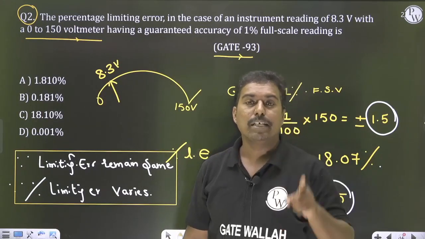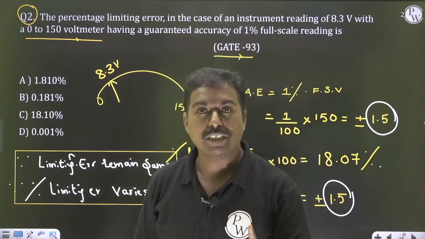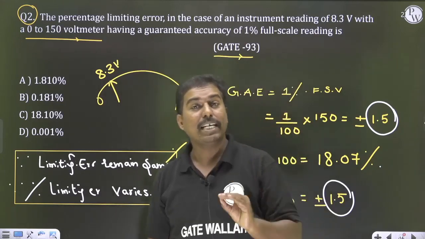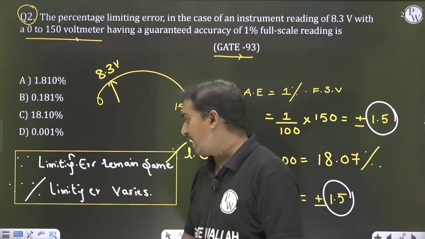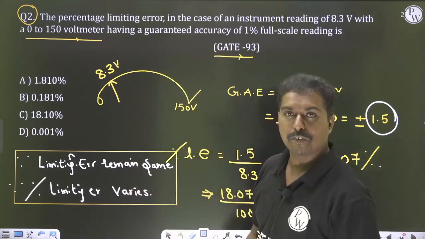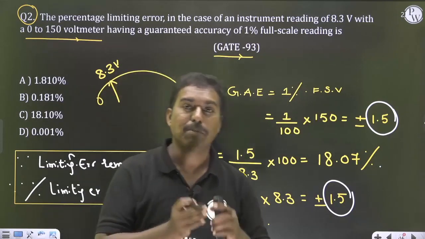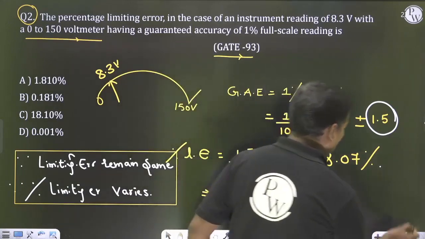Always remember, guaranteed accuracy error is fixed and is always with reference to the full scale value, whereas the percentage of limiting error is variable, but limiting error remains constant. Guaranteed accuracy error is always with respect to full scale value, and limiting error can be with reference to your measurement value.